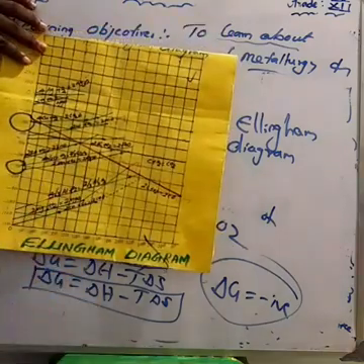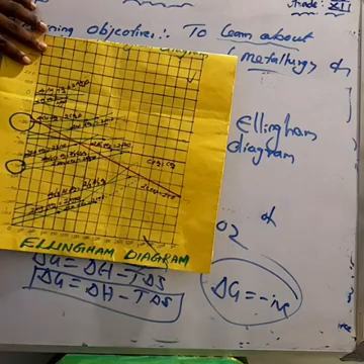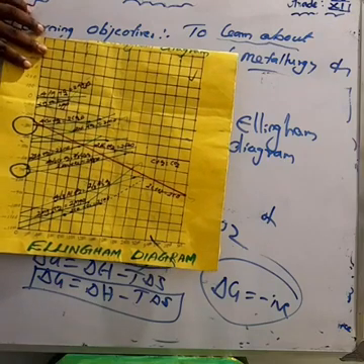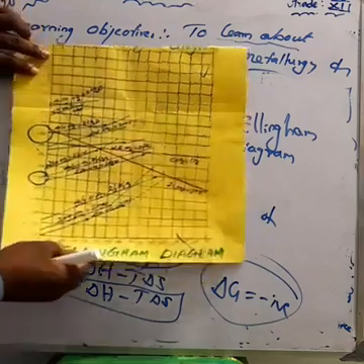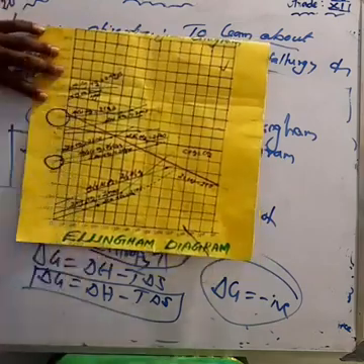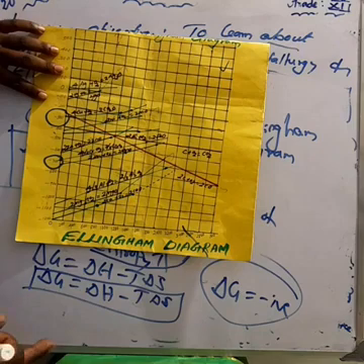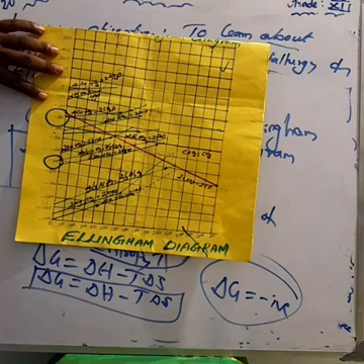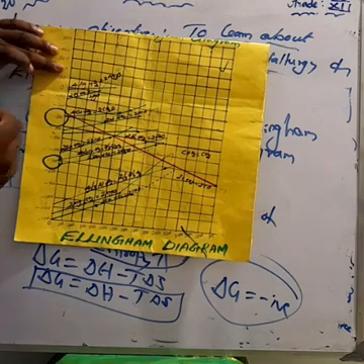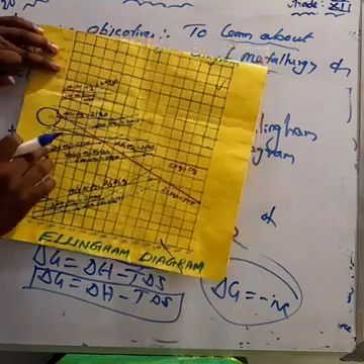delta G value for the formation of metal oxide becomes less negative. Don't forget that. When the temperature increases, delta G value for the formation of metal oxide becomes less negative. And also it becomes zero at a particular temperature.